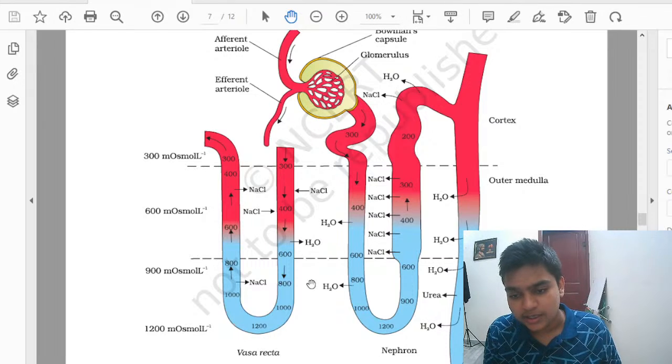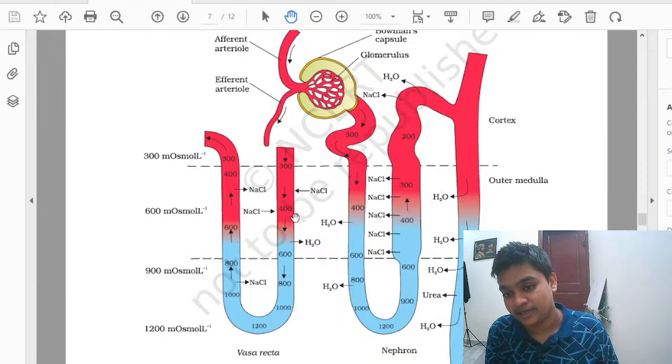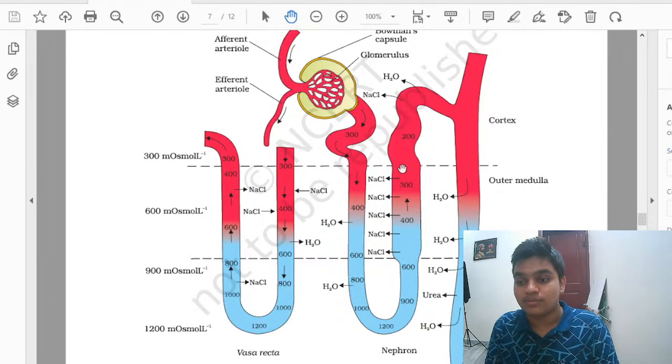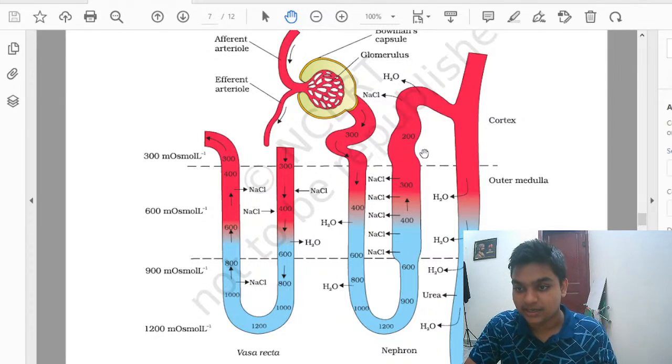When you only take the vasa recta, putting the nephron part aside, in the ascending limb of vasa recta the NaCl is being reabsorbed, and in the descending limb of vasa recta the same NaCl is being secreted. Now when you compare both vasa recta and nephron, NaCl is reabsorbed by the ascending limb and secreted in the vasa recta.